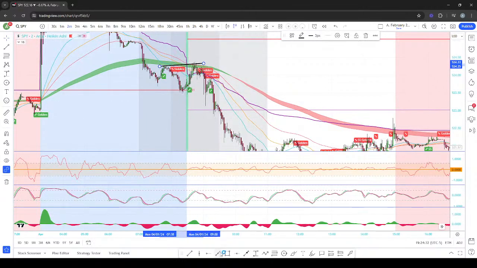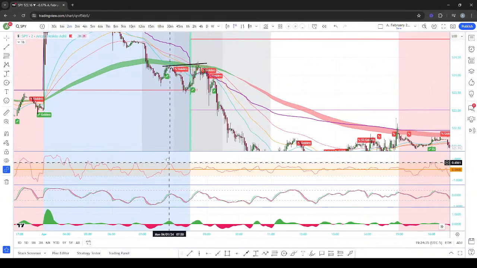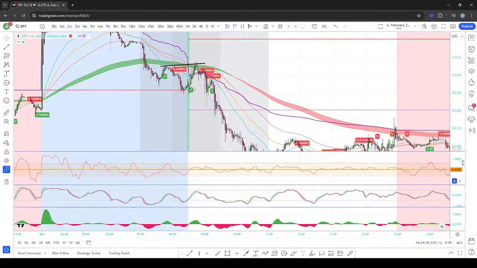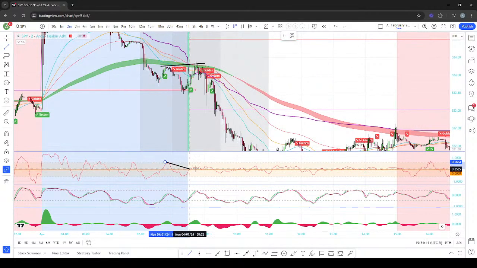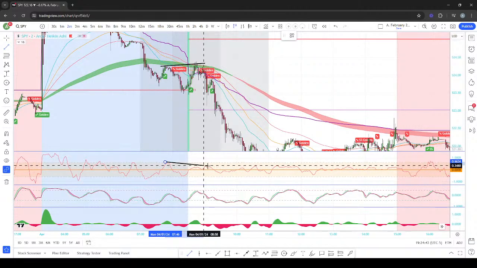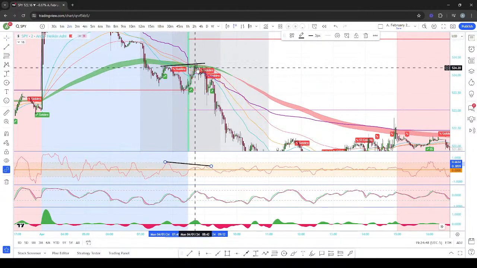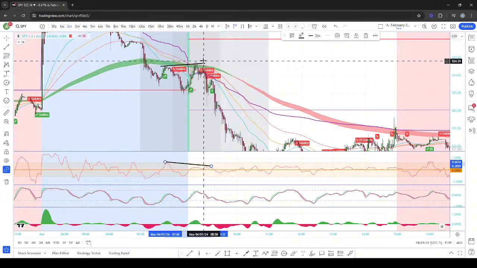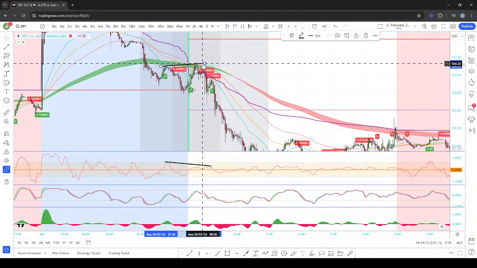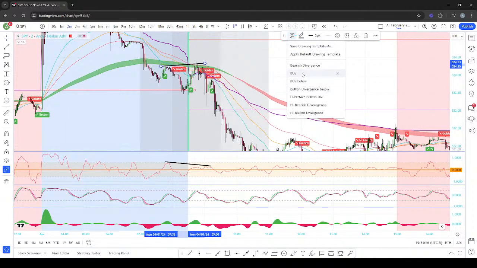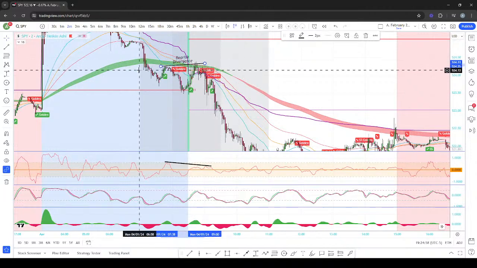This is where you can see it happening. Let me just put this down a little bit. There we go. You can see it right here as the oscillator, the momentum, is shifting to the downside. As price here is making a higher high, it's doing the opposite, and you can take this trade and have a nice bearish divergence right in here.